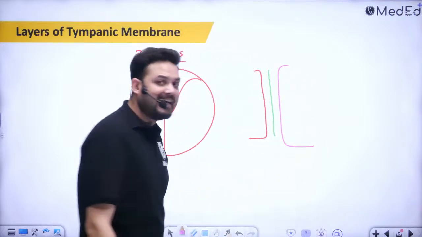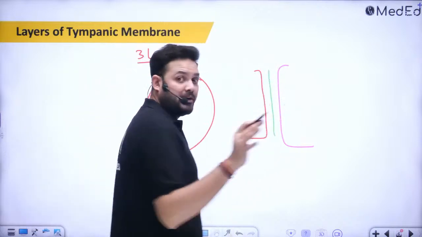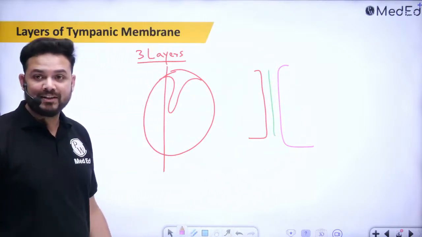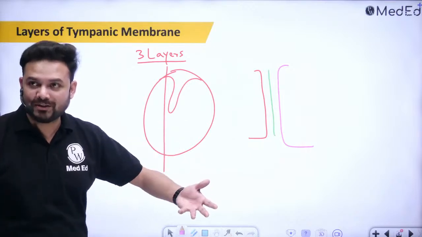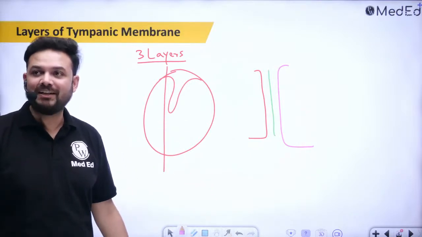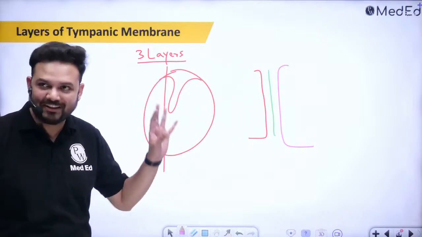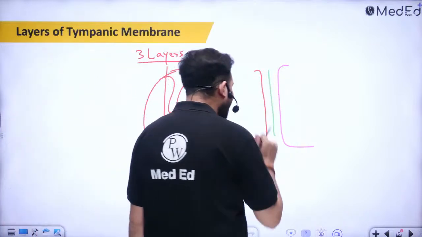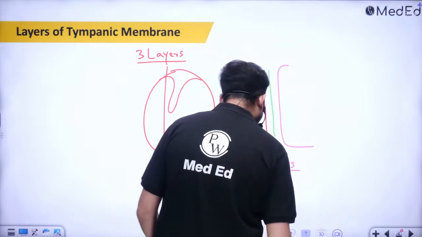So there are 3 layers in my tympanic membrane. Okay? I'm going to come to the significance of pars tensa. Okay, just hold on. Everyone just hold on. I'm going to show you what the pars tensa is. Iske pehle I finish, you guys will be making the pars tensa and flaccida completely. I've not finished. Still a lot of things are left. So there are 3 layers in my tympanic membrane.